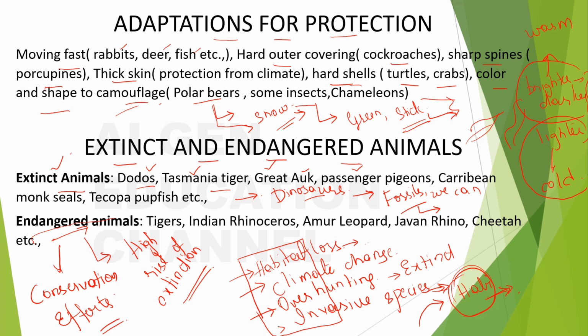Okay, so what are the conservation efforts that you can make? Just think. As I said, habitat loss. So if habitat loss has led to the extinction of the animals, what should you do? Habitat protection, right?